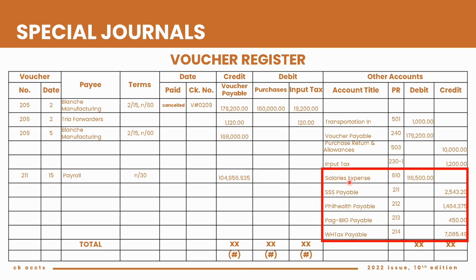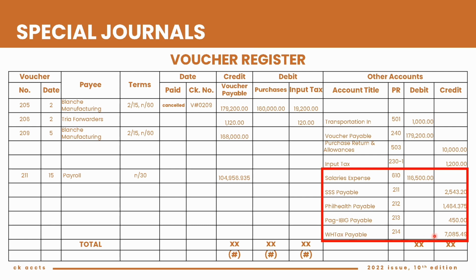Following the salaries expense, we have the SSS payable. If you look at the payroll register table, the total of SSS there is 2,543.20. Then for PhilHealth, 1,464.375. Then Pag-ibig payable for 50 pesos.